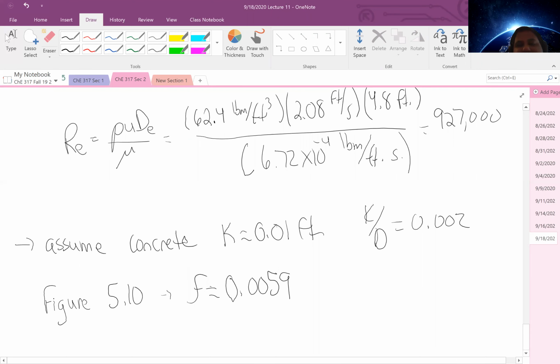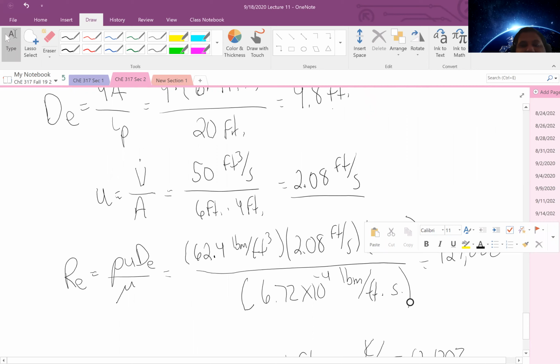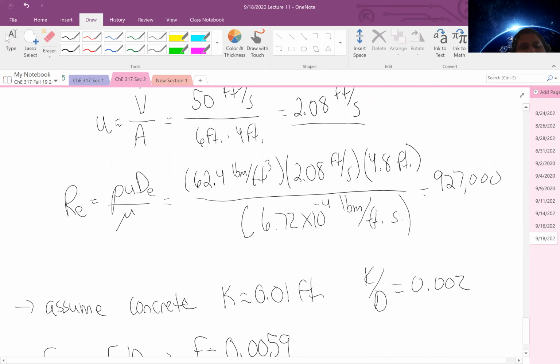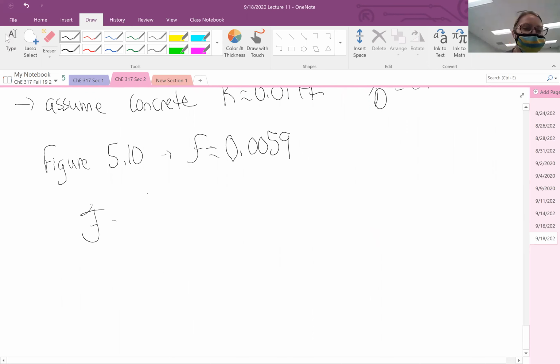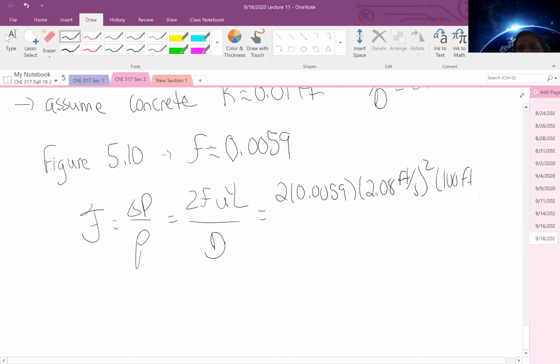So now I have my friction factor, my velocity, and my effective diameter. So I can solve for my friction term, which is 2F U squared L over D, or 2 times 0.0059 times U squared, 2.08 feet per second squared, times 100 feet divided by the diameter, which was 4.8 feet.